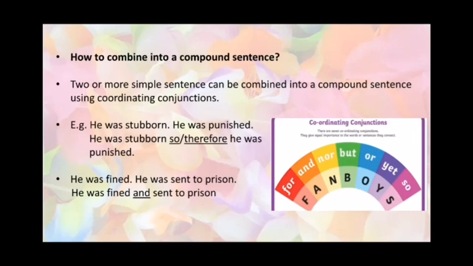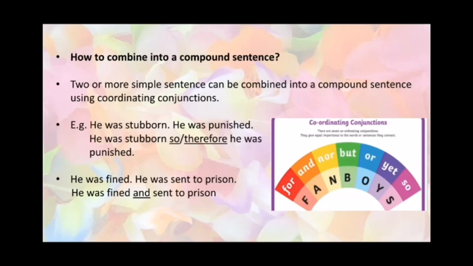Next is how to combine into a compound sentence. Two or more simple sentences can be joined into a compound sentence. Two clauses or two simple sentences can be joined together by using a coordinating conjunction. As I told you earlier, fanboys is the coordinating conjunction. Let's see the example.